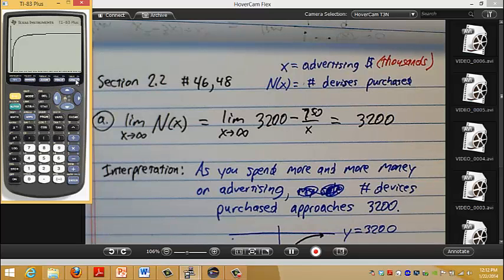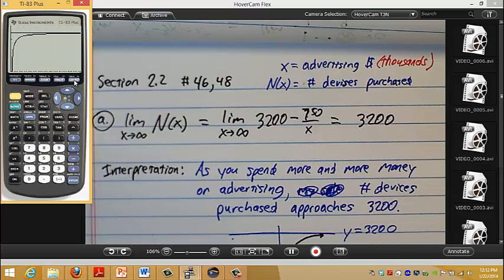One nice way to do this would be to graph y equals 2,700 and graph y equals 3,000. I mean, remember how I did this before? I had the asymptote. What's the asymptote? 3,400, right? Oh, 3,200 is the asymptote. So I could graph that, for instance.